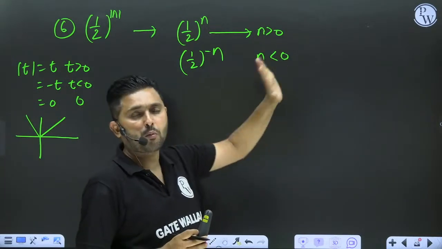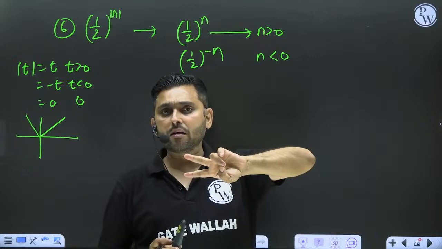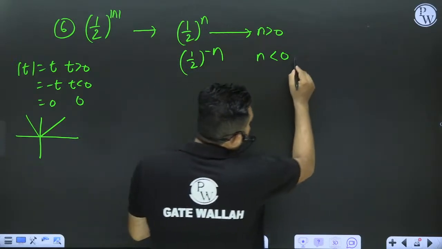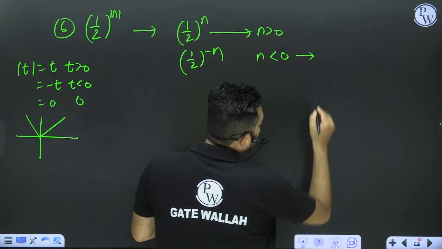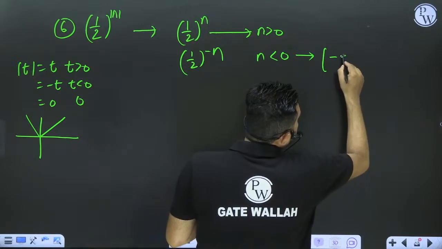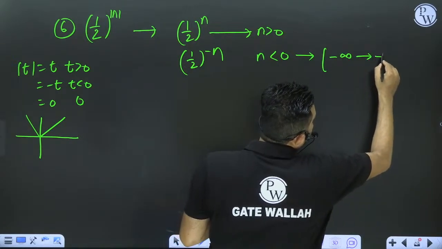Here n less than 0, mind it that n belongs to integers. This means the limit is from minus infinity to minus 1.